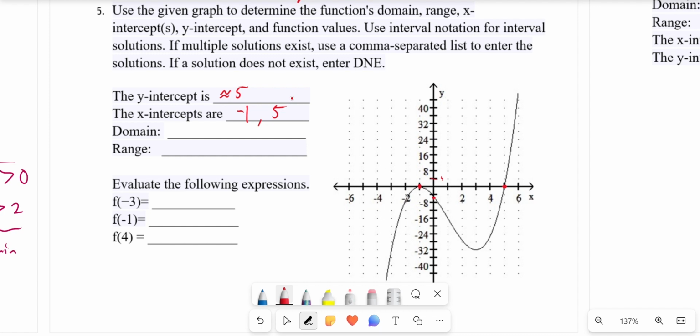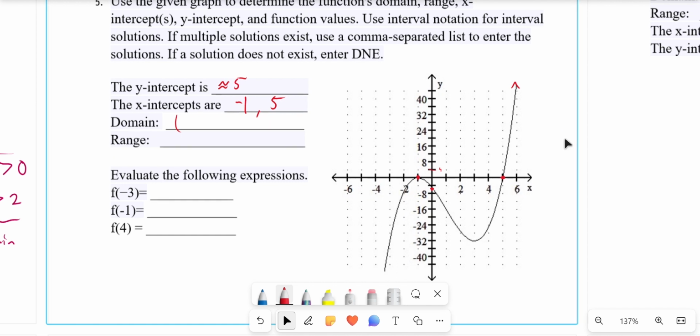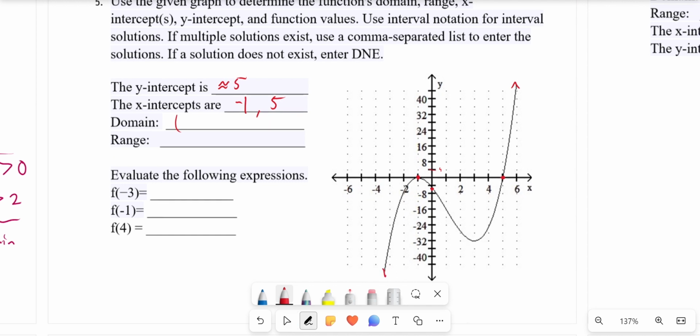What about the domain? Well, the domain is actually everything. It goes off in this direction, off in this direction. This looks like a cubic polynomial. Polynomials always have outputs for every input. So either from the trend of this graph or from knowing that this is most likely a cubic curve, we're going to say that the domain is all of the real numbers.